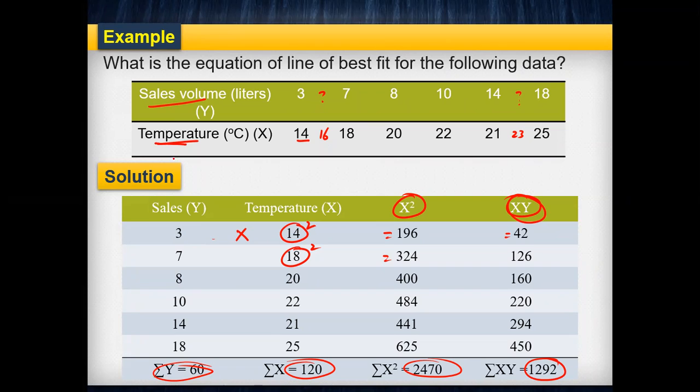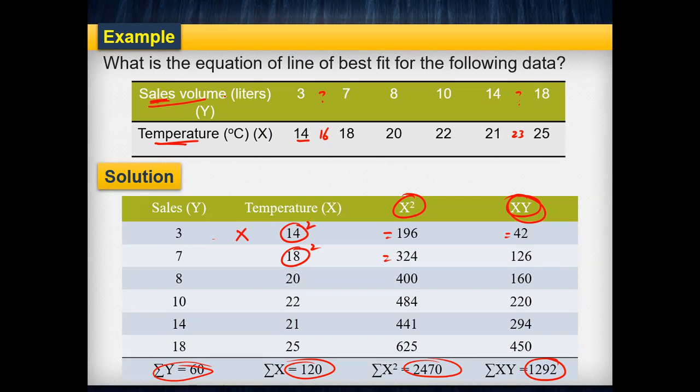Can you change the temperature? Can the variable sales change the temperature? No. So temperature is independent, and sales can be changed by the temperature, so sales will be Y. In this context, you have to understand that temperature will act as X, and sales will be considered as Y.